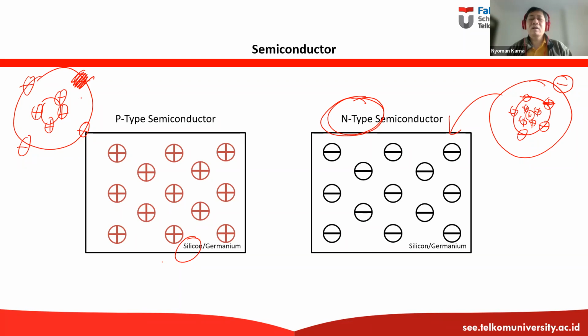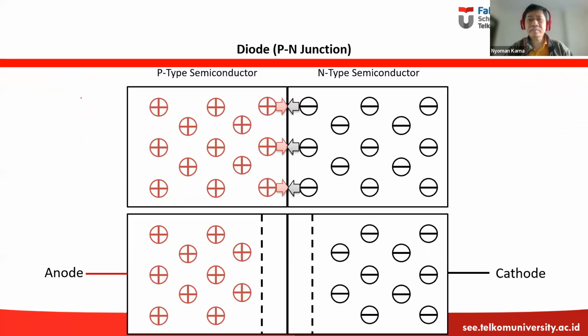Now, what if we combine these two semiconductors? Remember that positive and negative attract each other. So when we attach these two semiconductors, at the junction here, the positive type will move to here, and the electron will move to here.